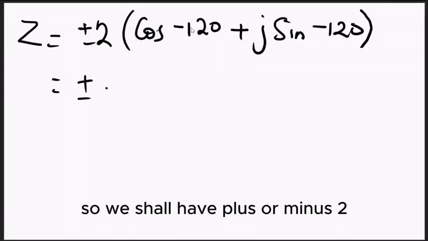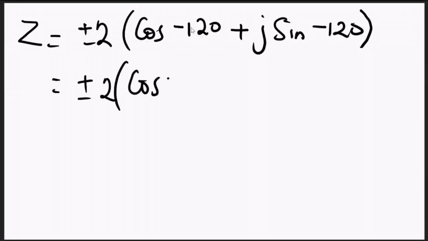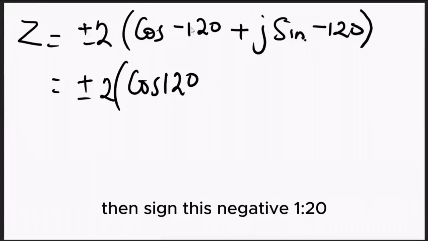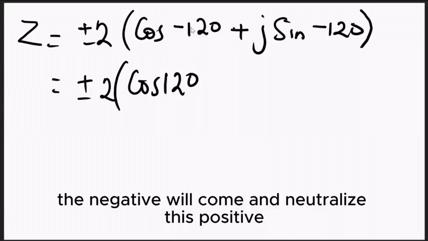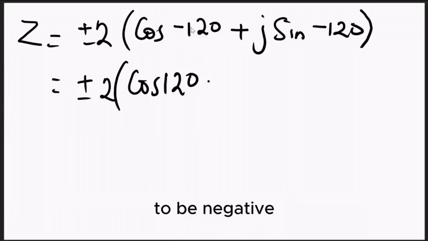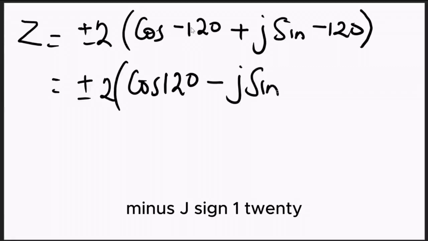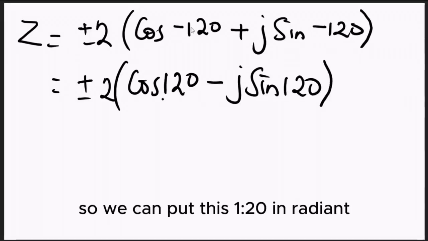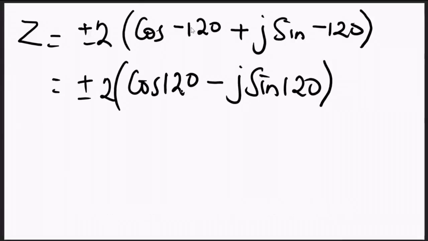So we shall have plus or minus 2 cos of 120, then sine of negative 120, the negative will come and neutralize this positive to be negative, minus j sine 120. So we can put this 120 in radians.